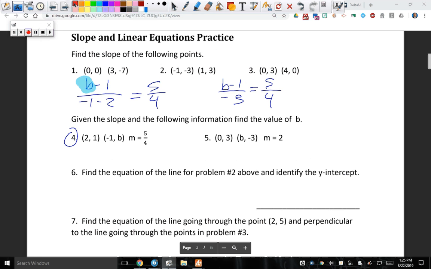Anyone, from what we learned this summer, what would I do next? For speed. You could cross multiply, but that takes a little bit more time, especially with rational functions and polynomials, factors. I want you to multiply by the LCD. Do y'all remember what that is? Least common denominator.